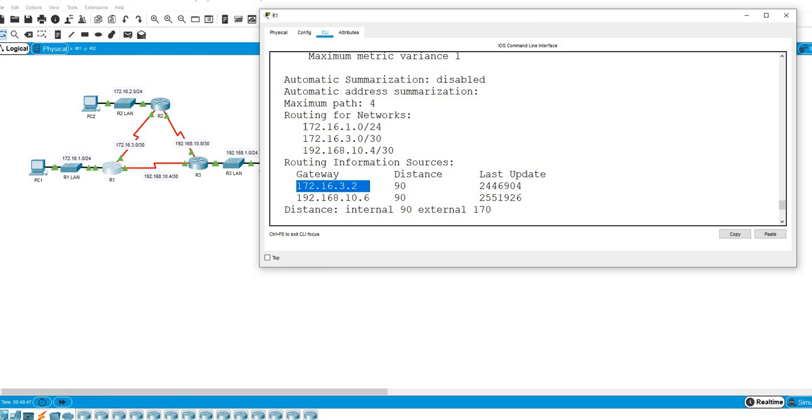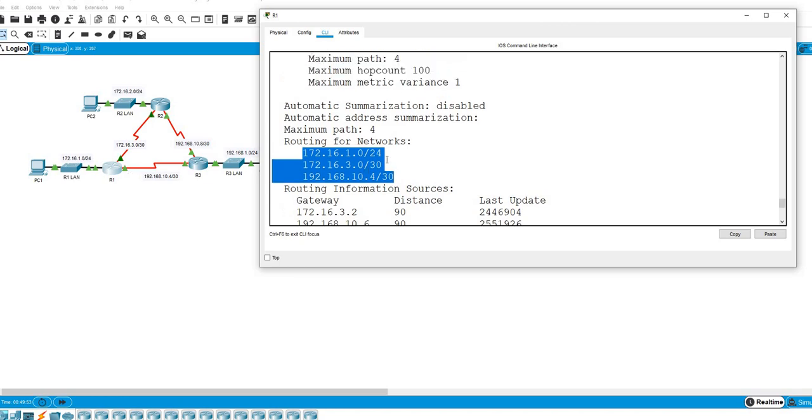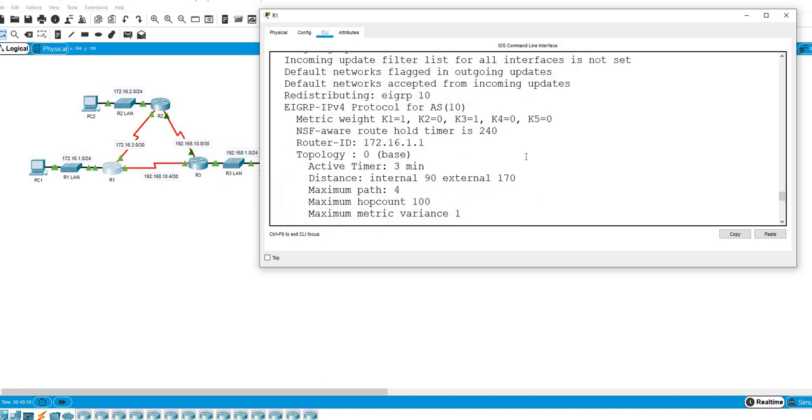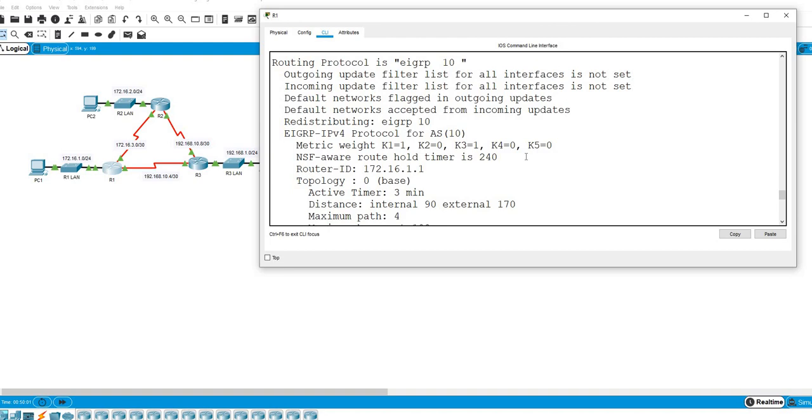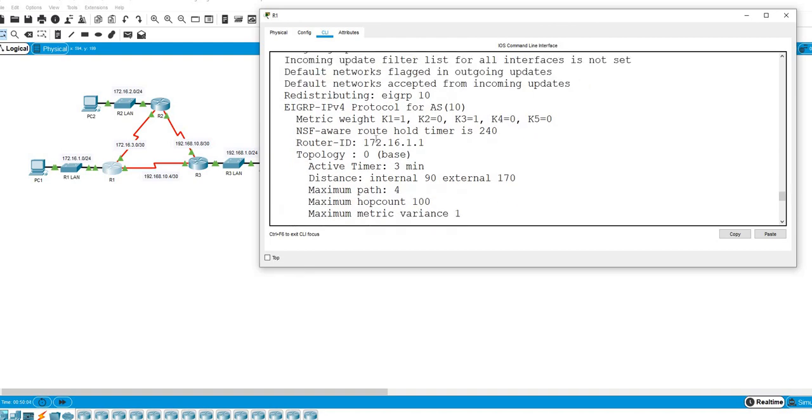So these three networks are included in our EIGRP process: 1.0, that one, 10.4 and 3.0. So we can verify from here also. Router ID is the ID of the router, and it is chosen by this router in EIGRP for IPv4.